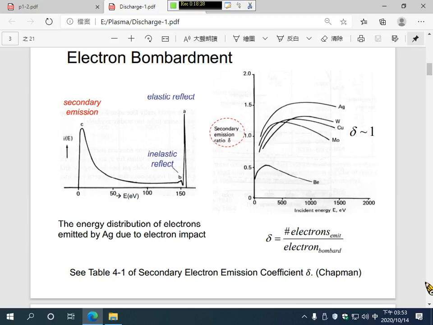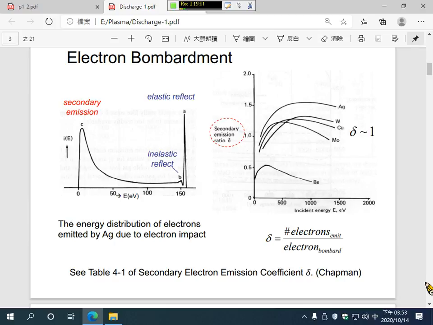If the incident electron beam has an energy of about a few hundred electron volts, for example, 250 electron volts, the secondary electron emission yield is about 1 for these metals. And for beryllium, the secondary electron emission yield is less.